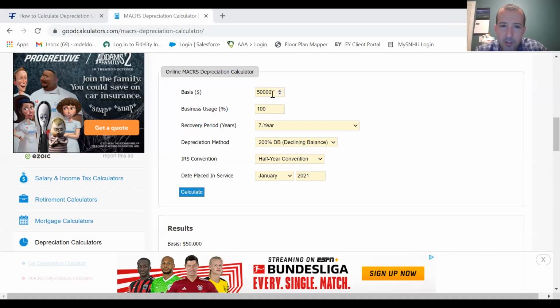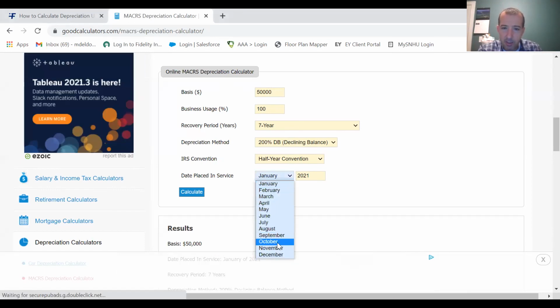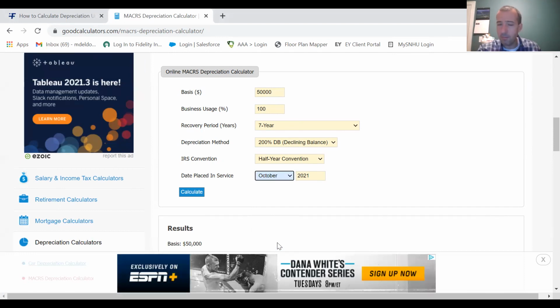So same basis, $50,000, right? Same year, 7 year. But let's say that on the first example we purchased it on January 1, 2021, and now let's say we purchase it in the fourth quarter, right? The fourth quarter of the year will be October.